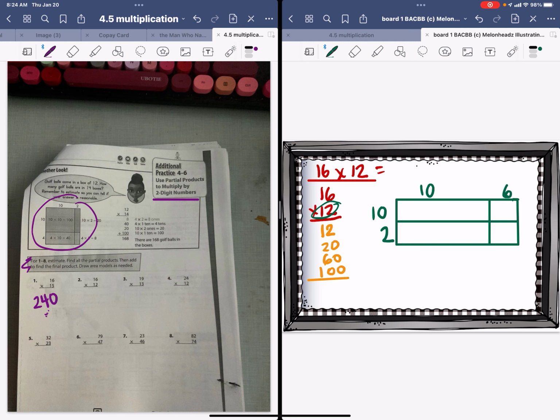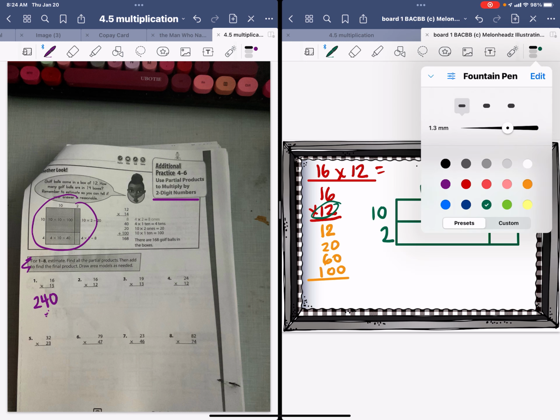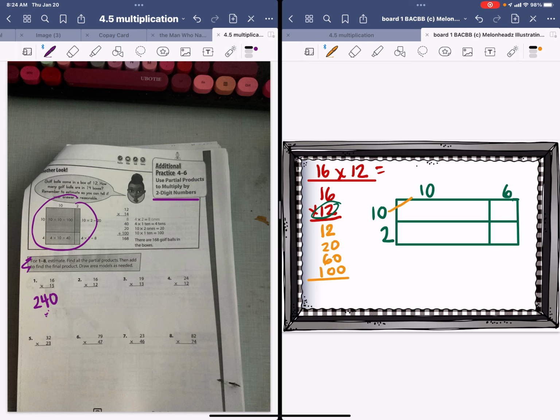Okay, so let's see. All right, so now I'm going to multiply 10 times 10. And 10 times 10, the product is 100. I'm going to multiply 10 times 6. 10 times 6, the product is 60. Now I'm going to multiply 2 times 10. 2 times 10, the product is 20.